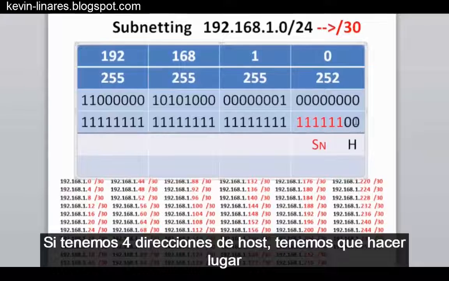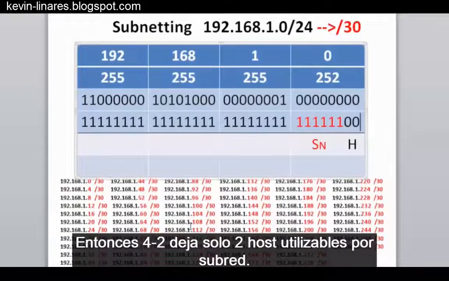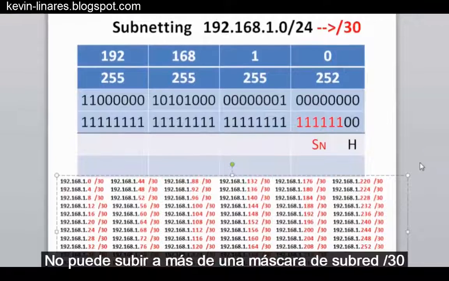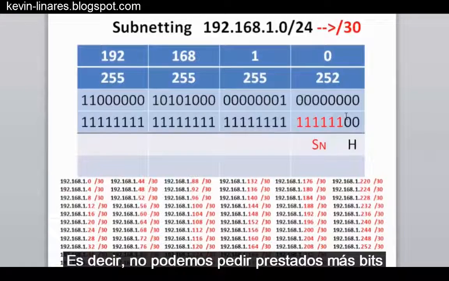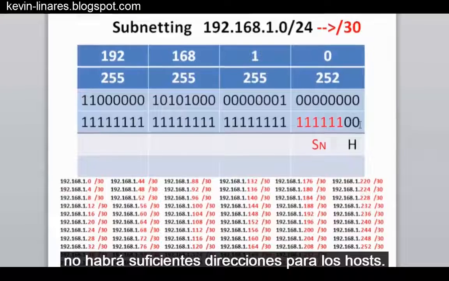If you have 4 host addresses, you have to leave room for the network address and the broadcast address, so 4 minus 2 leaves only 2 usable hosts per subnet. You cannot go higher than a /30 subnet mask, otherwise you'll not have enough room for usable host addresses. In other words, we can't borrow any more bits from the host portion, or we won't have enough addresses for hosts.